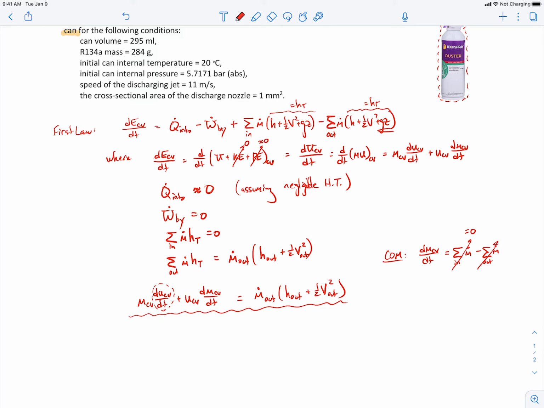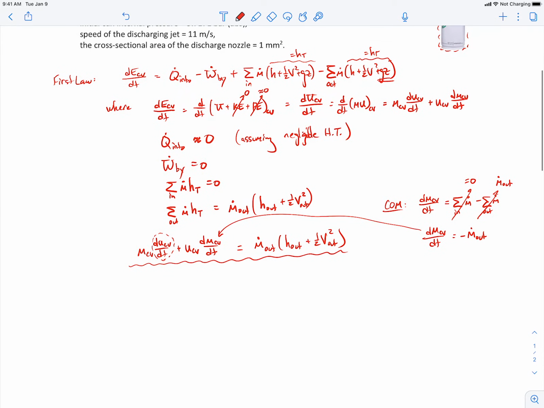And the only outlet is just that one that we're calling m dot out. So the time rate of change of mass within the control volume is equal to minus m dot out. So I can take that and plug that in right there. Let me do that, and then let me rearrange the equation. I'm going to do that all in one shot.